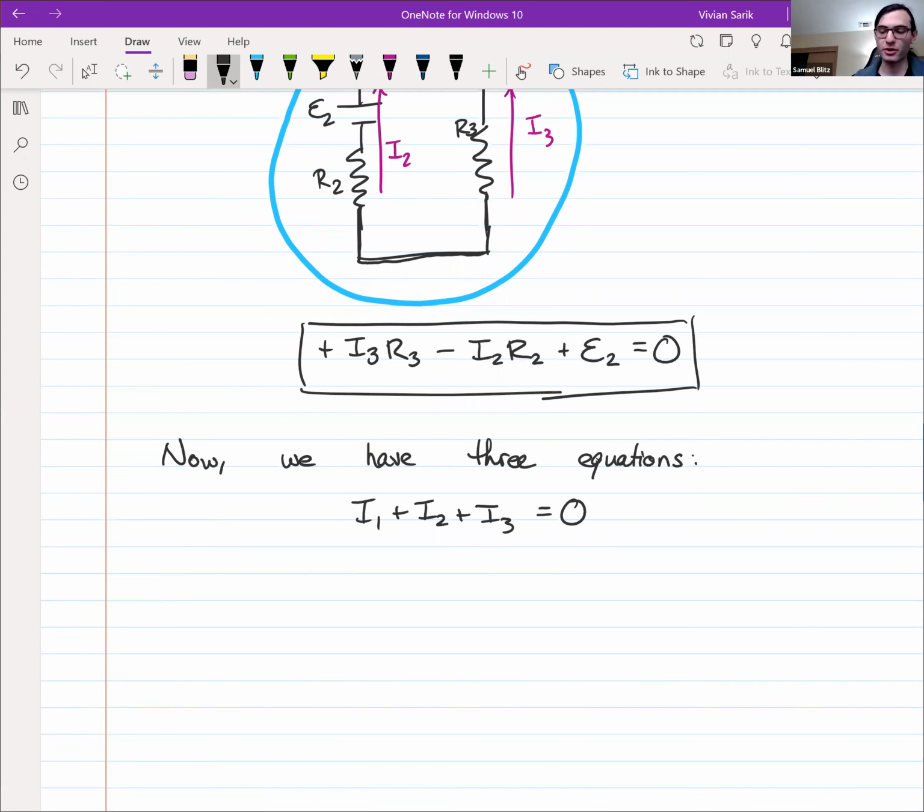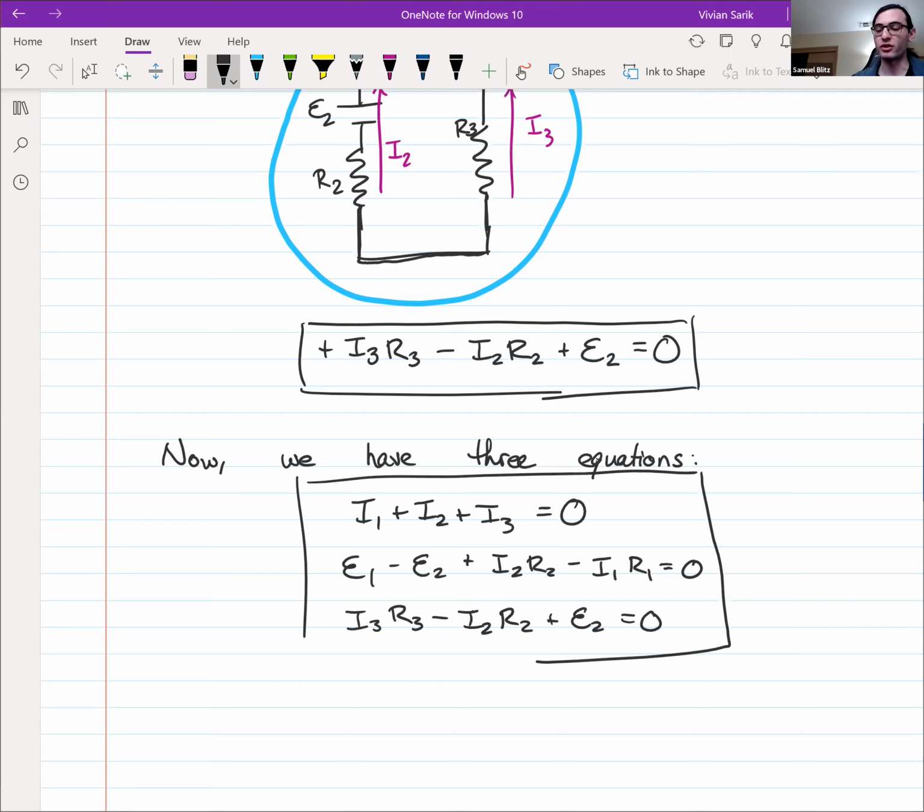Our second equation from the first loop that we did was E1 minus E2 plus I2 R2 minus I1 R1 equals 0. And then we have our third equation, I3 R3 minus I2 R2 plus E2 equals 0.